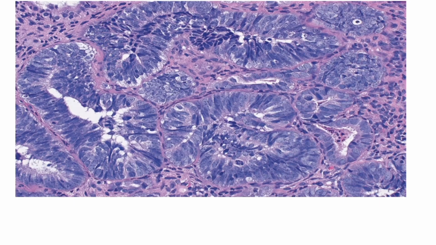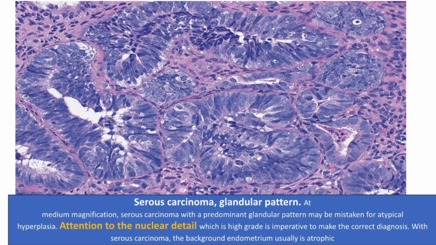Papillary we have seen, this is the glandular pattern, but here the nuclear features are high grade, with stratification, loss of polarity, high NC ratio, some prominent nucleoli, and mitotic figures. Whenever there is a glandular pattern, we have to differentiate it from atypical hyperplasia, but with the help of these high grade nuclear features, we can differentiate it from atypical hyperplasia.